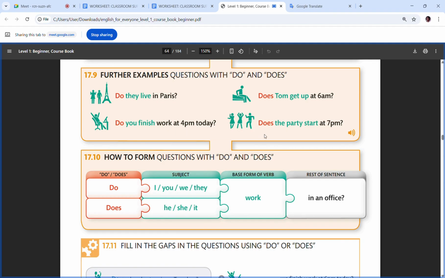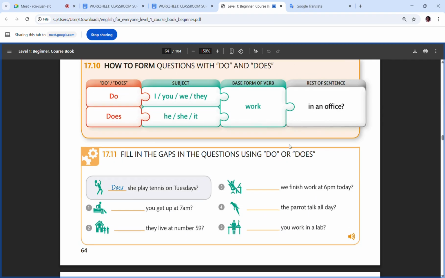Right? Does the party start at 7 p.m.? This is a funny sentence. I like this sentence. Especially on a Friday, right? After work, right? All right.